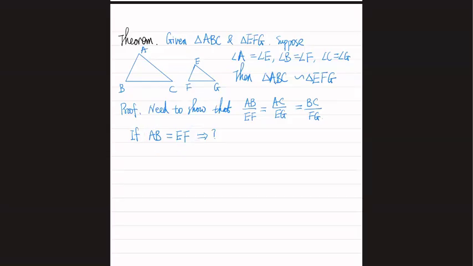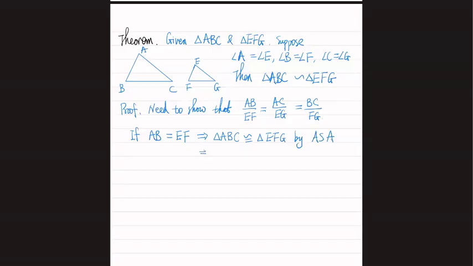Let me check. We have one side, two pairs of angles. Right, that's ASA. Then we know that the two triangles are congruent by ASA.